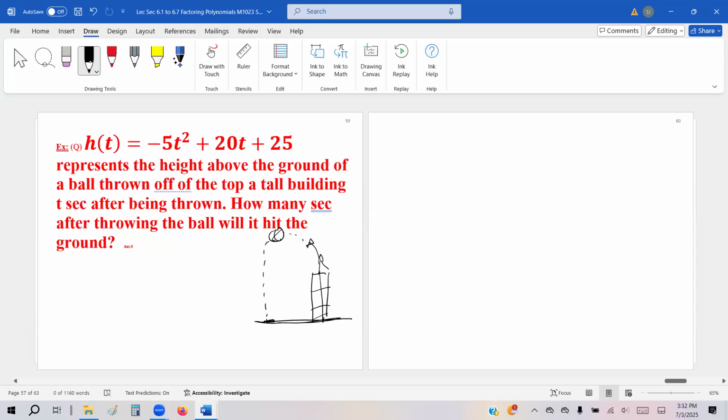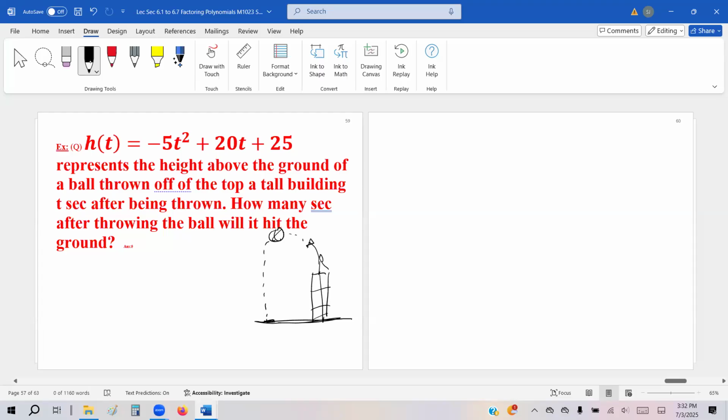So at the beginning, you're standing on a 25-foot tall building, and then something came into your head. You decided to throw the ball. After each second, how high the ball is from the ground is given by this equation. And now they're asking how many seconds after throwing the ball it will hit the ground.